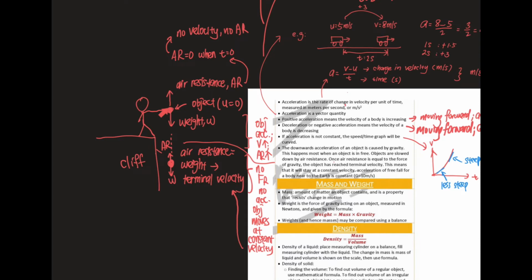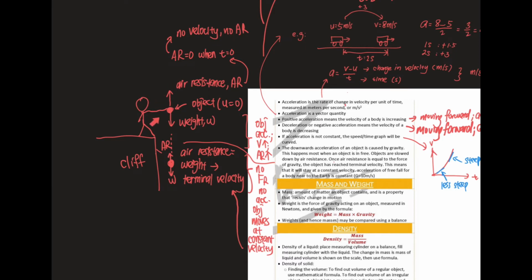First, the weight, the gravity. Gravity causes the weight. Weight is acting on the object. How about air resistance? Air resistance is 0 because the object is stationary. So there is no air resistance, only weight.